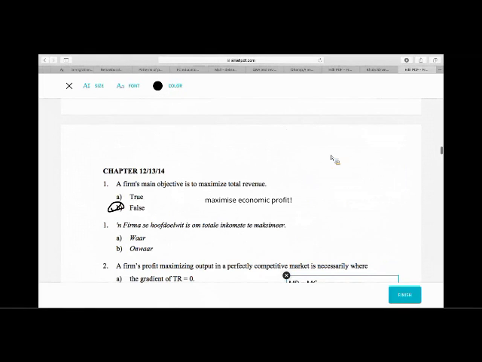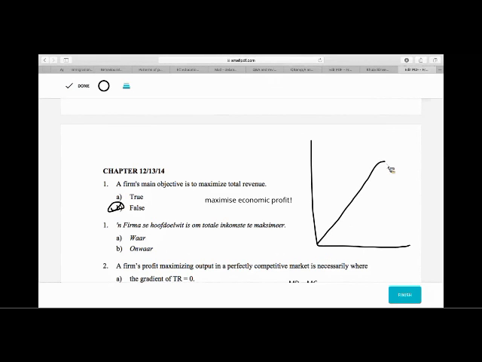So they give you this picture, and you have a total revenue curve that is a straight line. Your total cost curve has a positive intercept because there will be a total fixed cost.